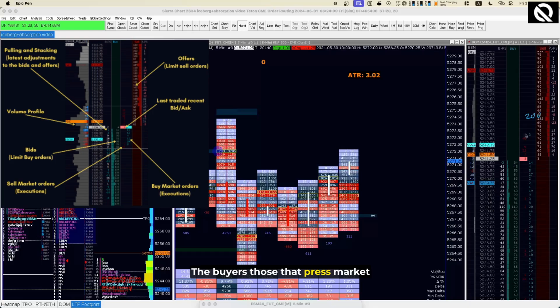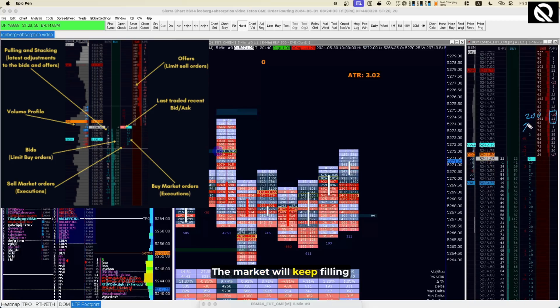The buyers, those that press market buy, will hit this order and this will keep refilling. You will see here, this is called the pulling and stacking. People that remove their orders and re-add them, okay? You will see the recent bid ask big numbers here. For example, you will keep seeing this as 200, 300.